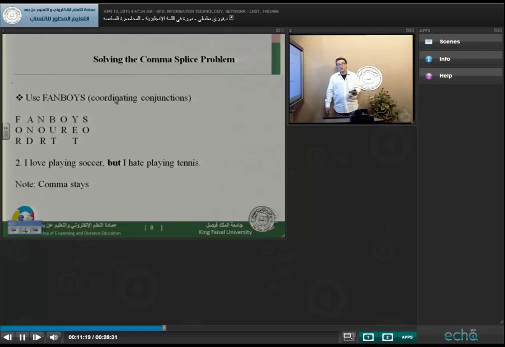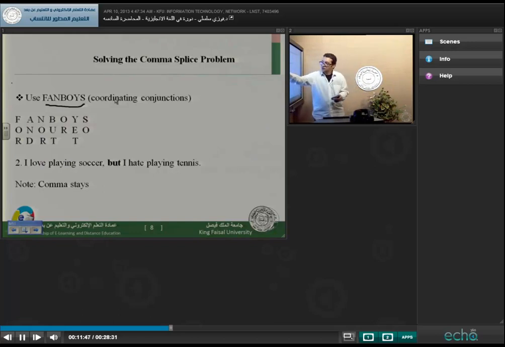A second way of solving the problem of the comma splice is to use what are called fanboys, coordinating conjunctions. They connect, right? They're connectors, basically, and they coordinate. We call them fanboys, right?